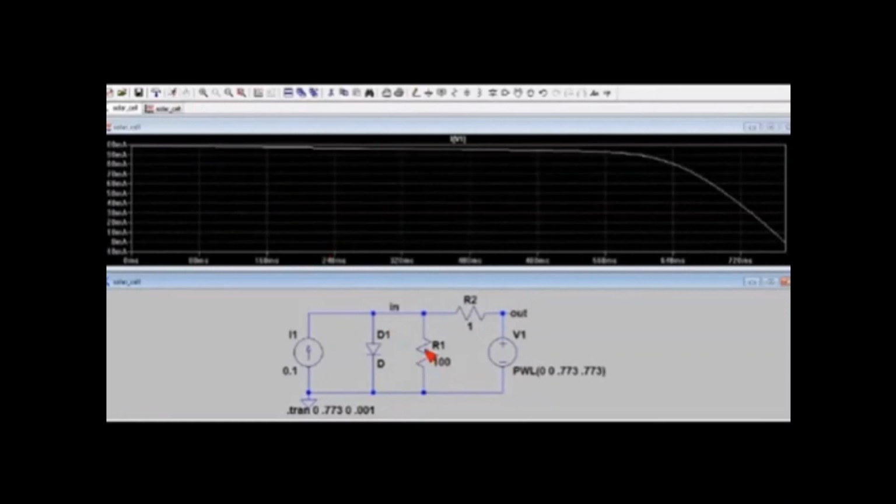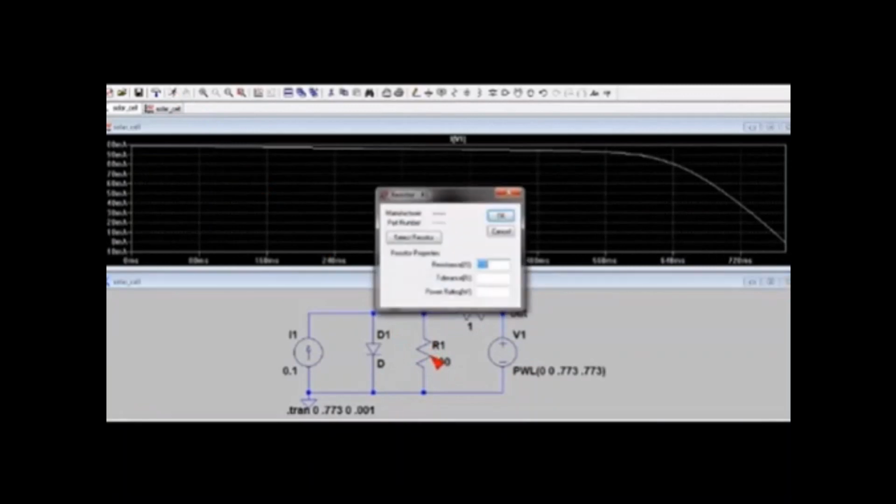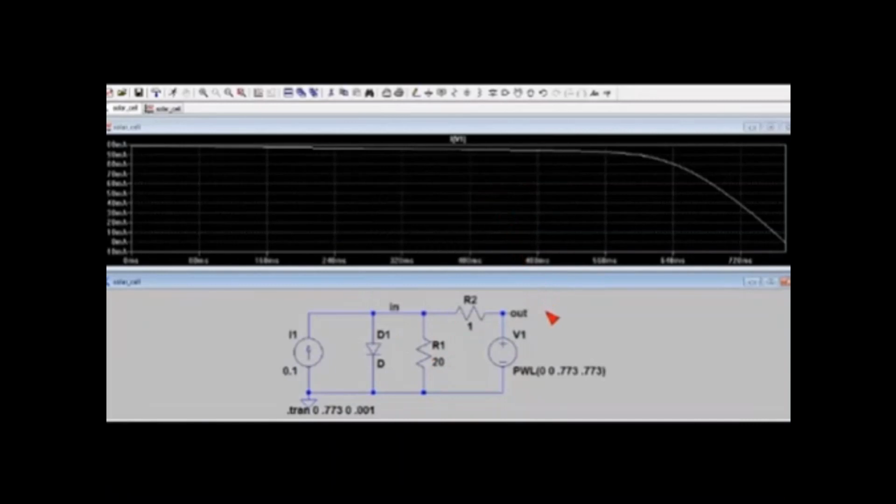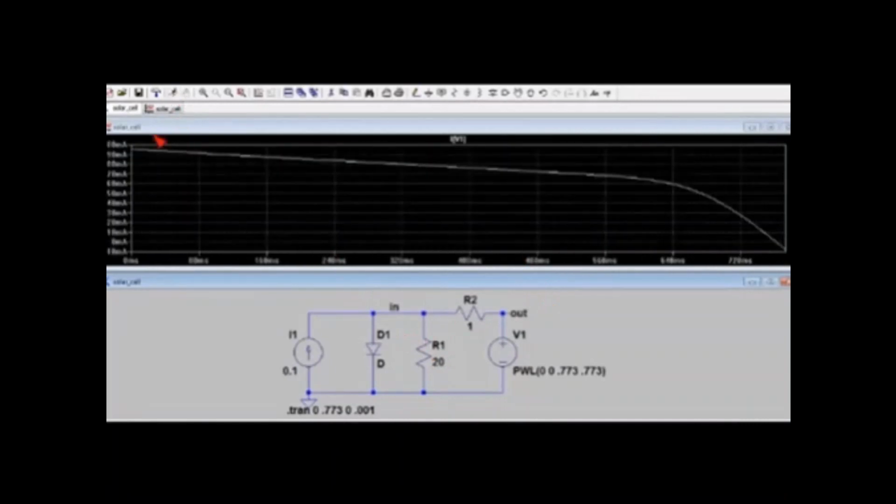So let's see what happens if we change resistor R1. It's set at 100. Let's change it to 20 ohms and just see the effect that that has on our solar cell performance. So let's resimulate. We see that the slope here has changed. So the current falls off dramatically here. And again, we see that the area under this curve has been diminished.